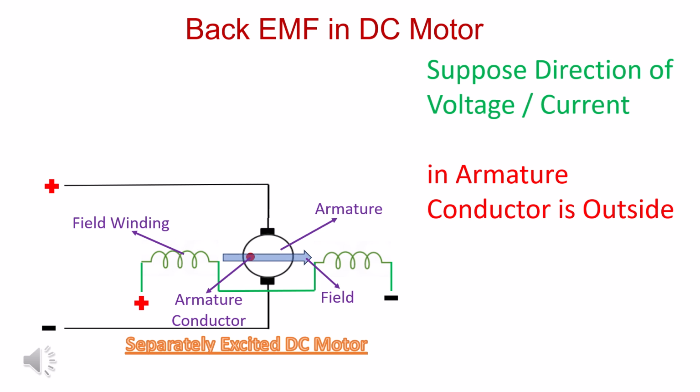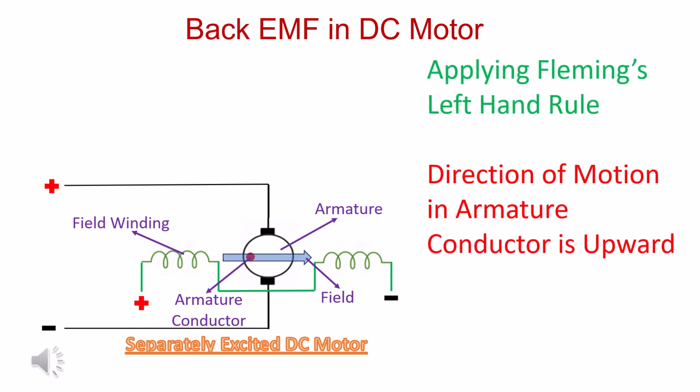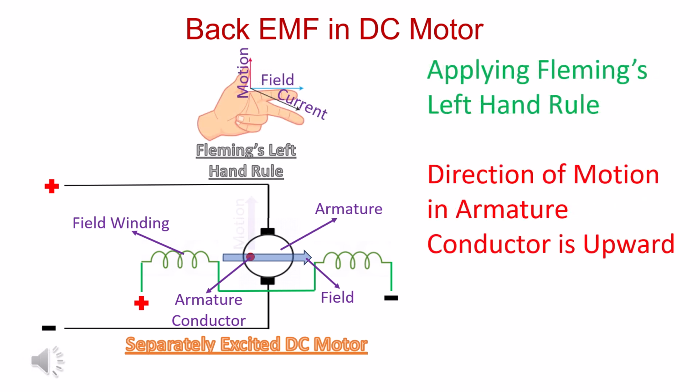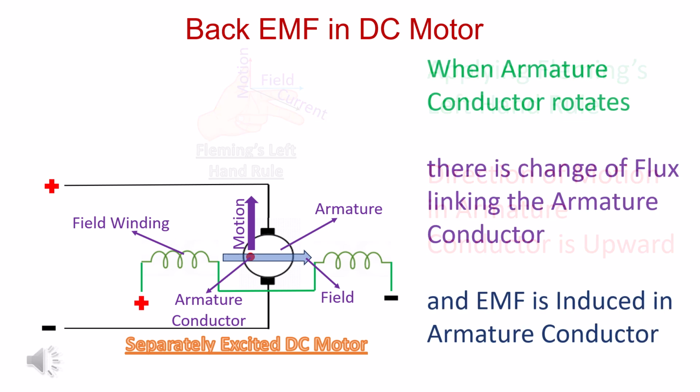Suppose the direction of current in the armature conductor is outward. Applying Fleming's left-hand rule, the direction of motion of the armature conductor is upward. When the armature conductor rotates, there is a change of flux linking the armature conductor and EMF is induced in the armature conductor.